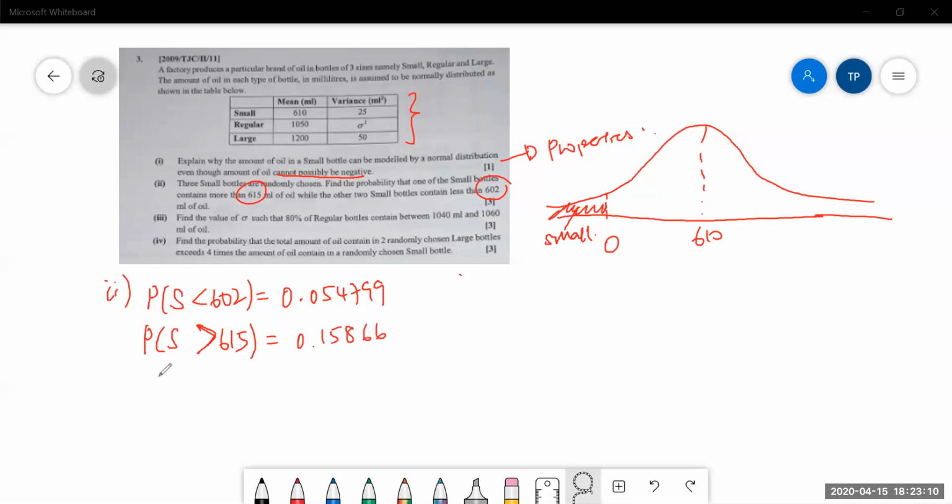Okay. So we want 2 small bottles less than 602. So it's probability of S less than 602 squared, times probability of S greater than 615.